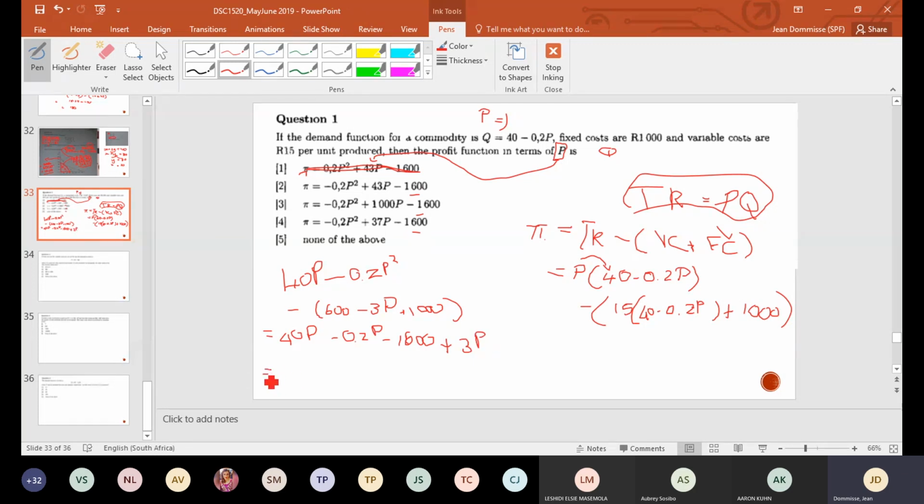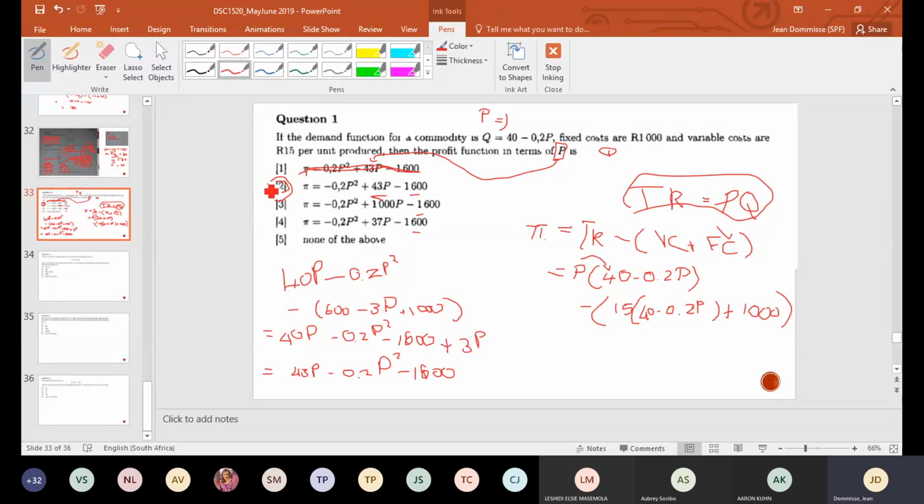So we have 43p minus 0.2p square minus 1600, which gives us option 2.